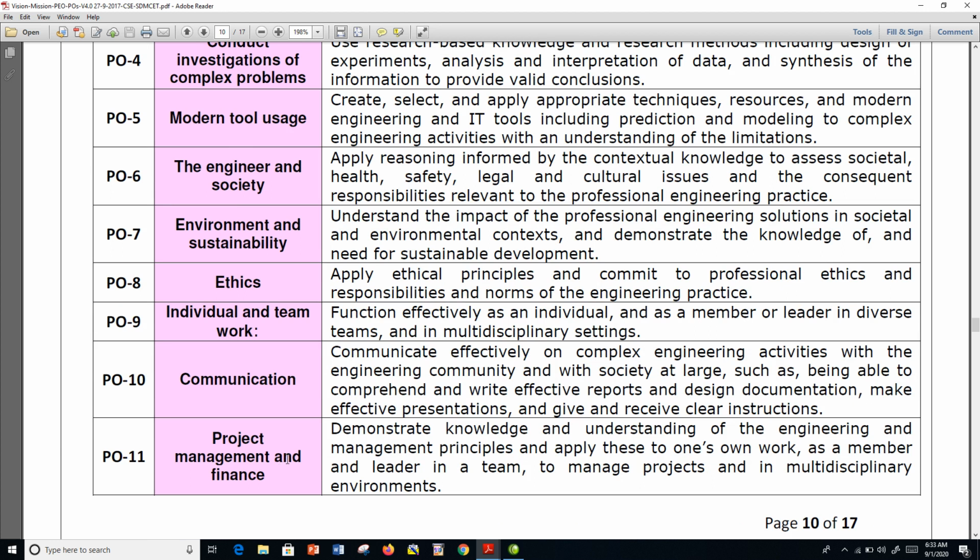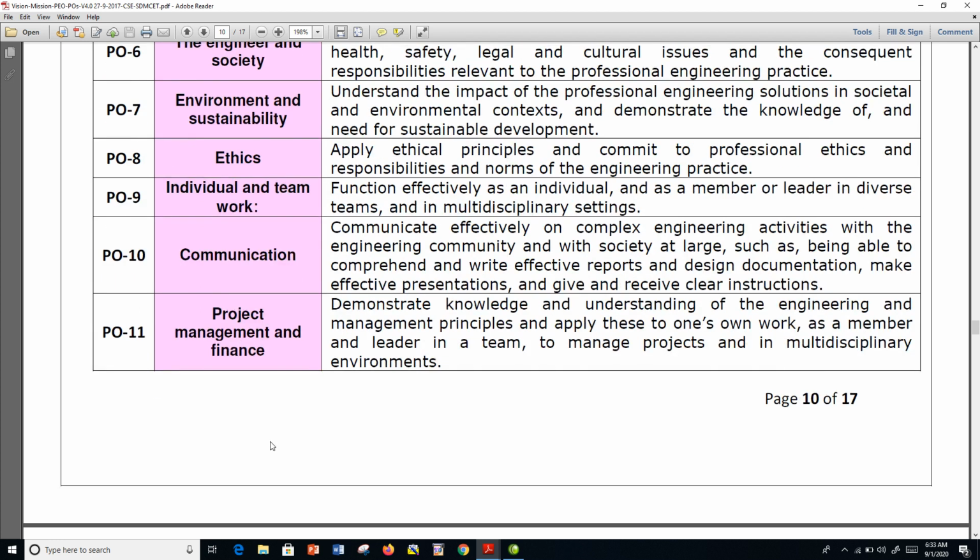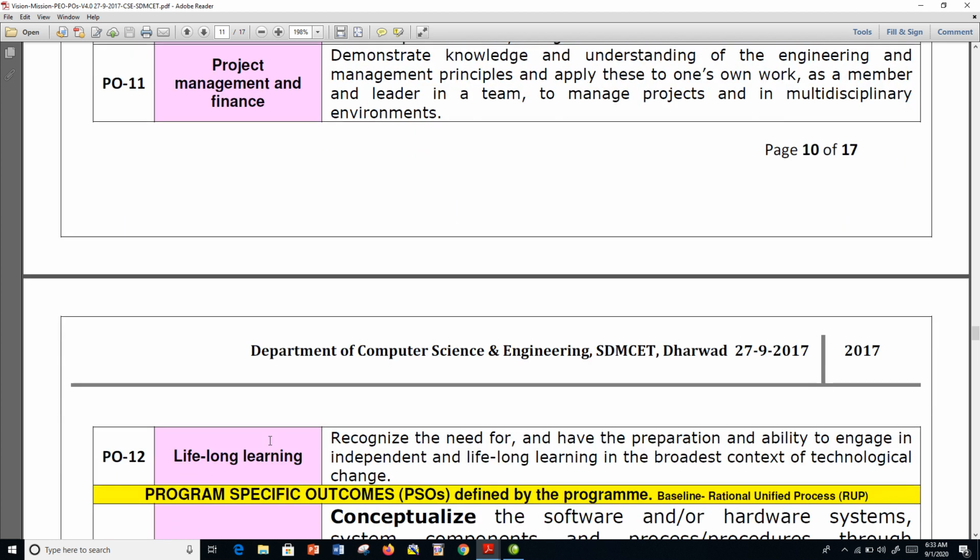How do you manage a project when a task is given to you? How do you manage the financial aspect of those things, right? The last one is lifelong learning, the most important thing. The more you do it on your own, the better learner you are, the better engineer you are. These are the 12 standard outcomes you will find in every institution across the different states in India.